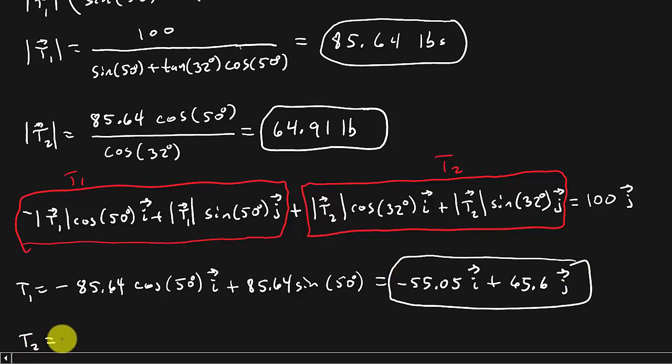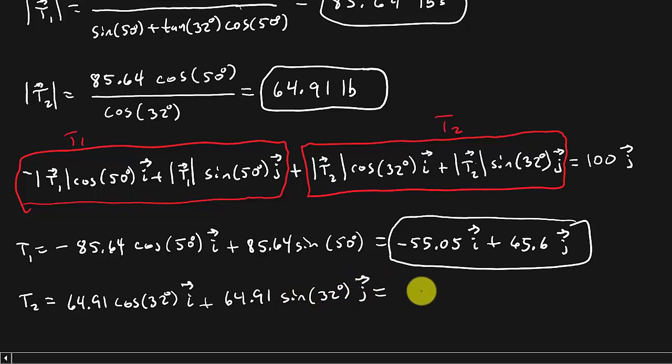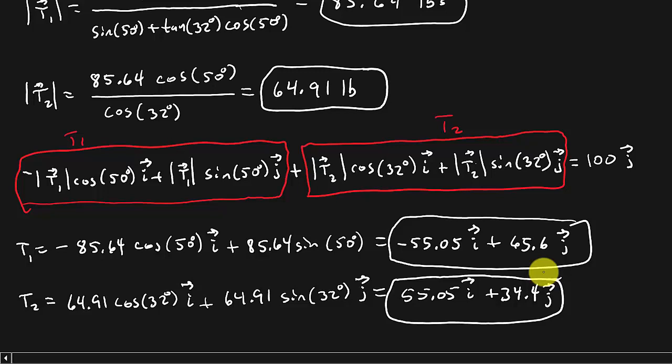And then T2, so I'm going to plug in the 64.91 in here and here. So 64.91 times cosine 32 I plus 64.91 times sine 32 times J. And that gives us 55.05 I plus 34.4 J. And that's what they were asking for.